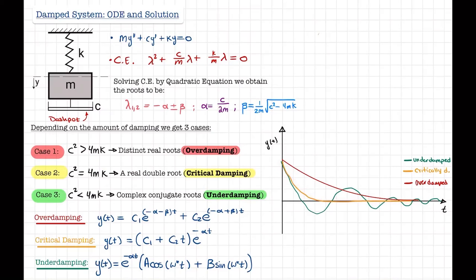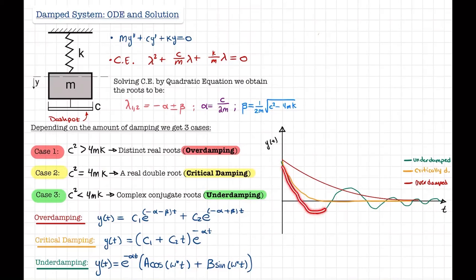And then you have case three, of course, the complex conjugate roots, where you're going to have the exponential times the sinusoidals. Since the middle term is not zero, like in the mass spring system, we have the exponential times the sinusoidals. This is where we have underdamping.